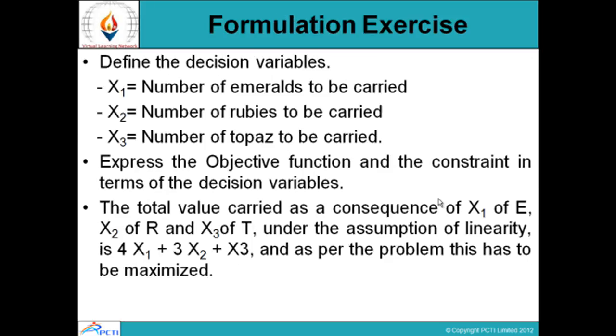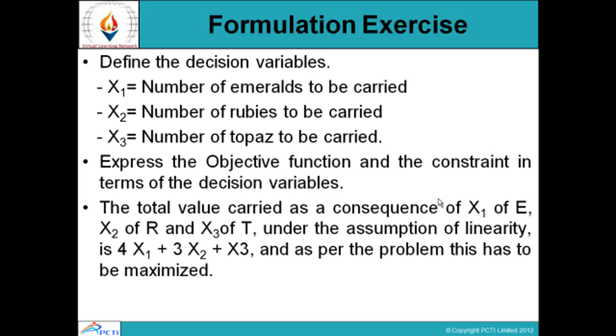Our formulation exercise: define the decision variables. x1 equals the number of emeralds to be carried, x2 the number of rubies to be carried, and x3 the number of topaz to be carried. Express the objective function and the constraint in terms of the decision variables.